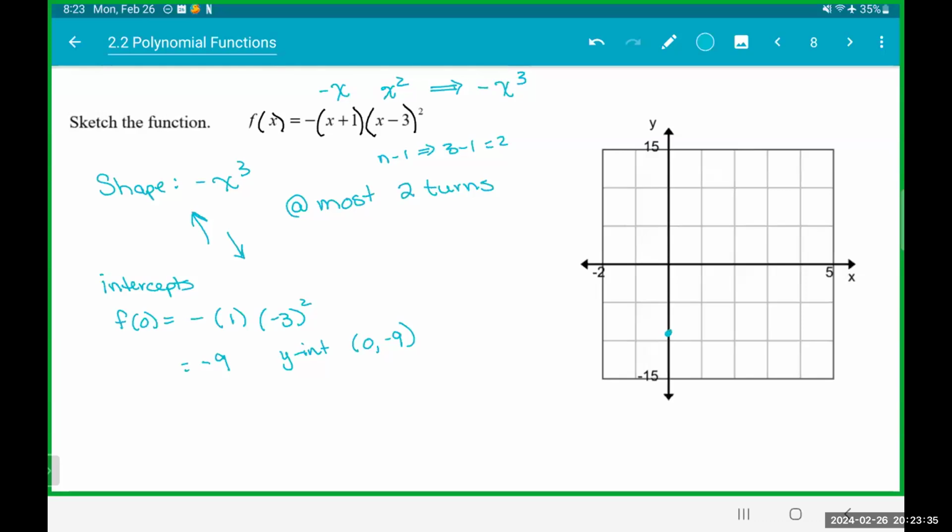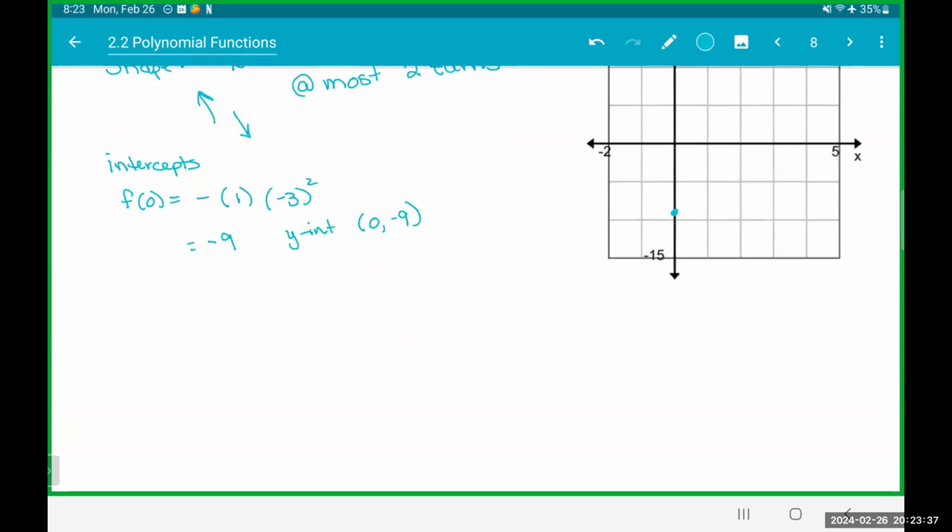And now let's calculate our x-intercepts. So I have negative x plus 1, x minus 3 squared equal to 0. Therefore, x plus 1 equals 0, or x minus 3 squared is equal to 0. If it's this one, we're subtracting 1 from both sides and we get x equal to negative 1.